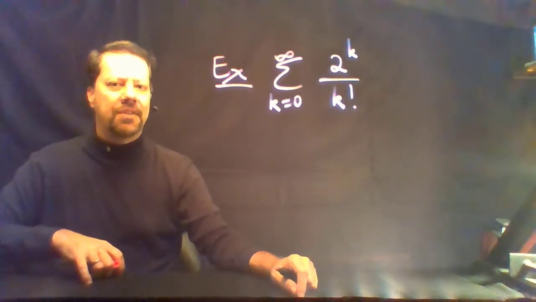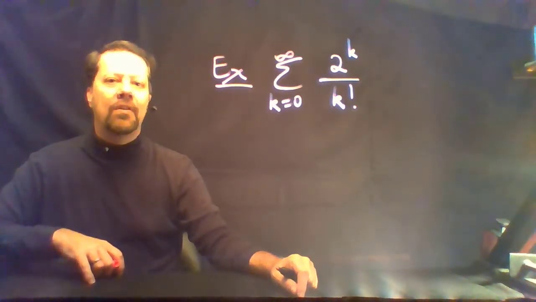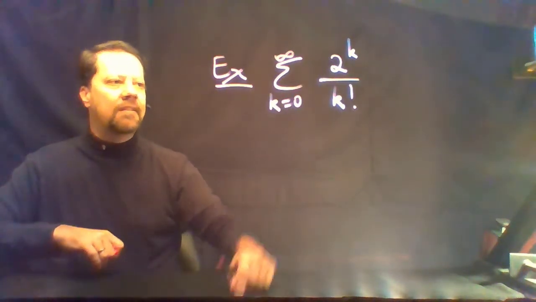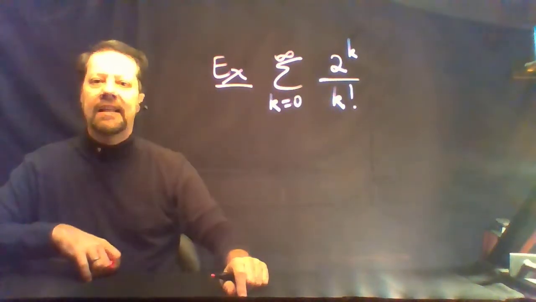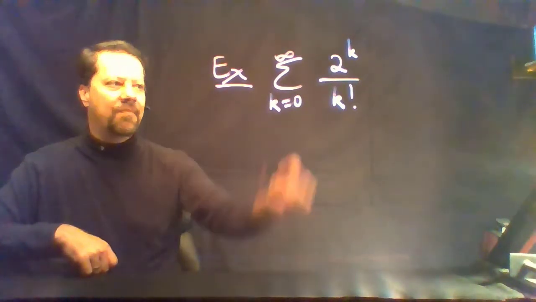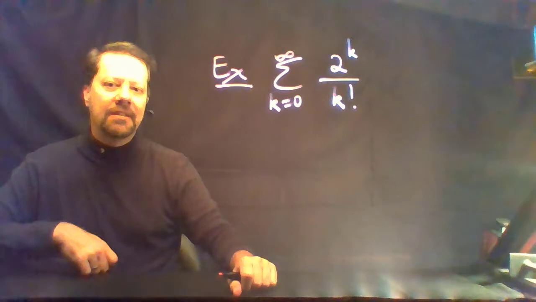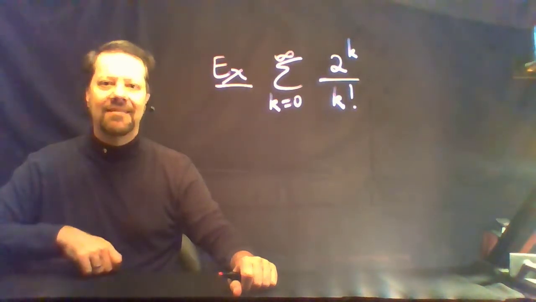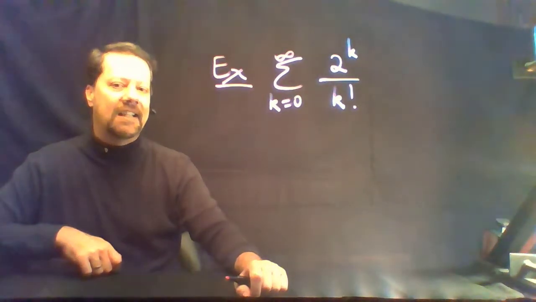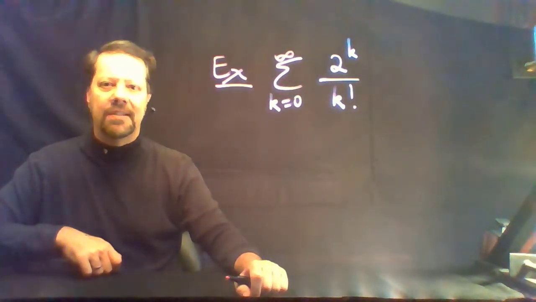Which one grows faster, exponential growth or factorial growth? If exponential growth is faster, then the terms should go to infinity and this should diverge. If factorial growth is faster, the terms should go to 0. Will it converge? Let's apply the ratio test. The ratio test is definitely indicated because we have a factorial present.